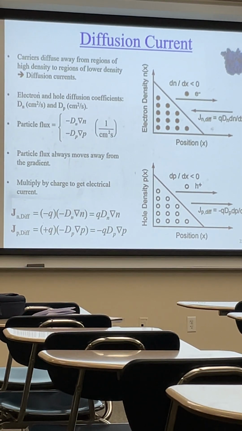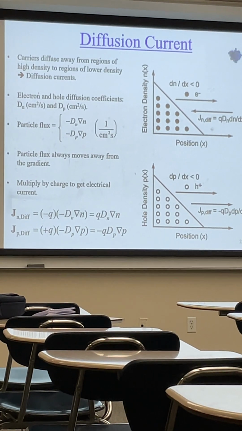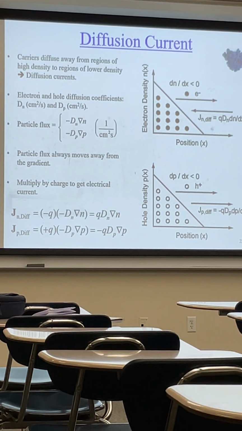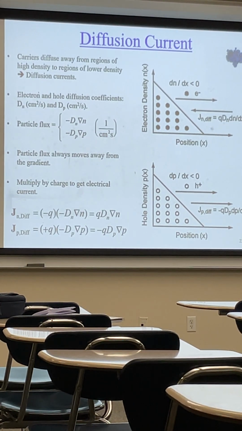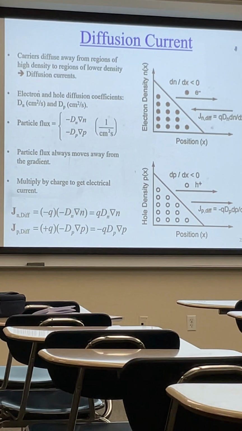Holes are positive charge, so we have plus Q, and the final expression has a negative Q D times the gradient in p. So these two are the diffusion current for electrons and holes.